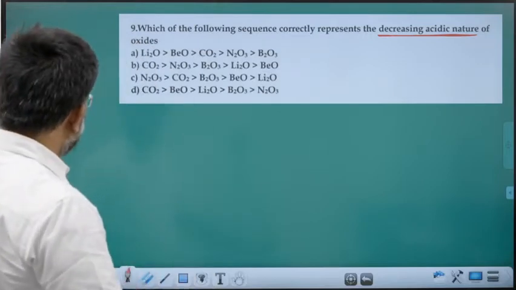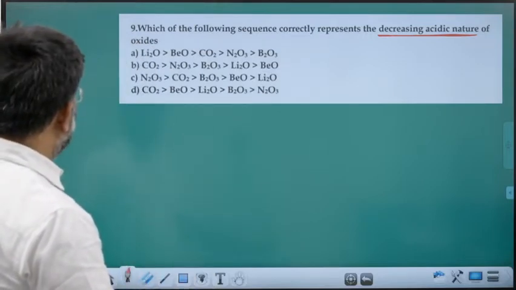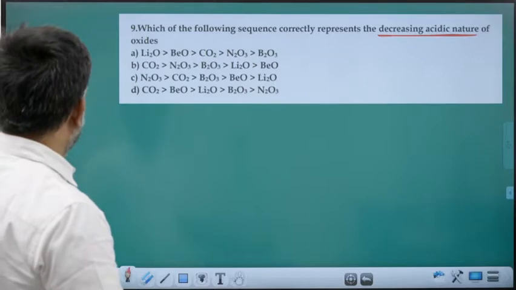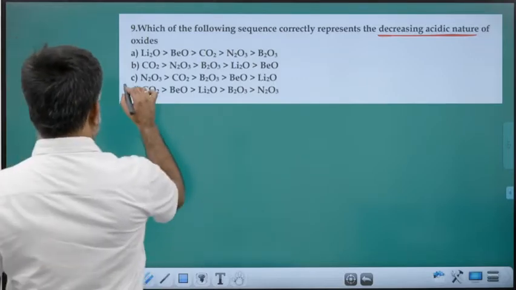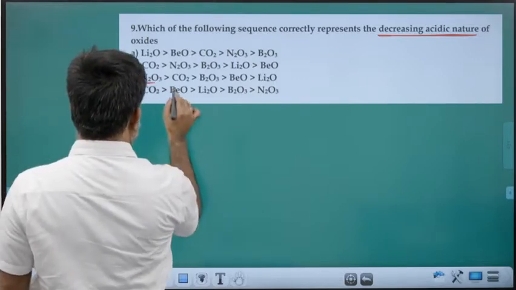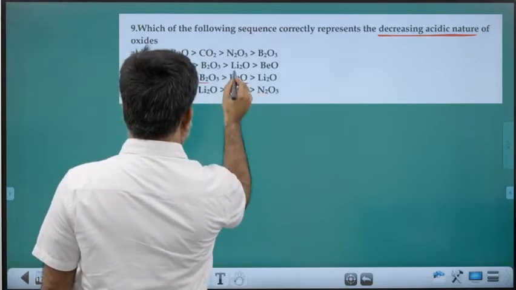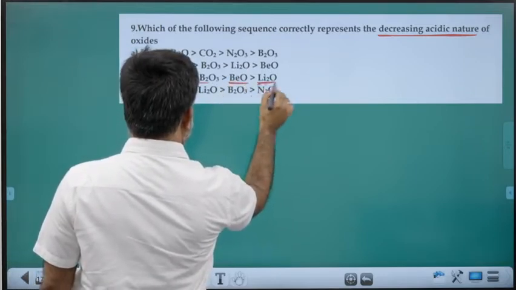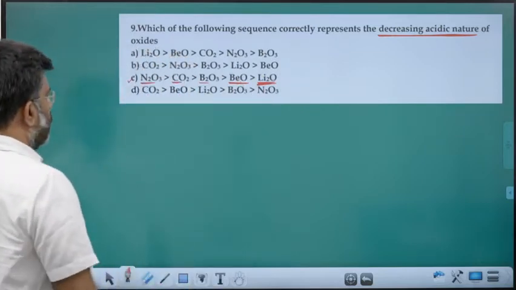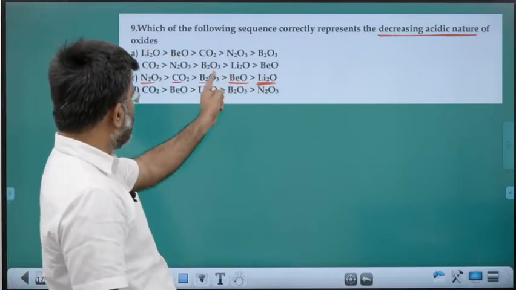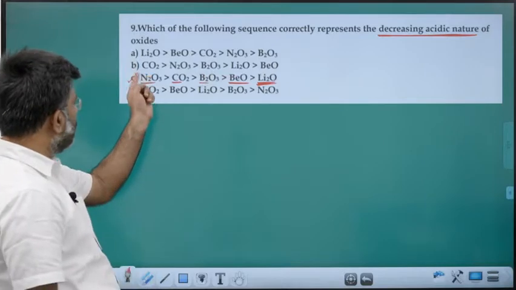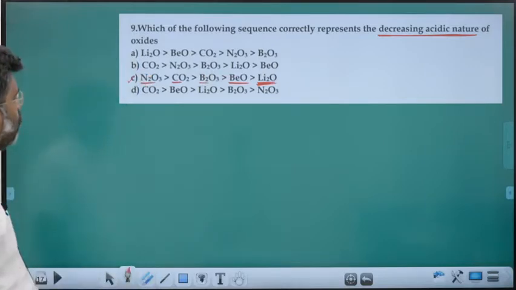So which one is the most electronegative in the line up? Nitrogen. So that is most acidic. Then carbon, then boron, then beryllium oxide, you know, is amphoteric, and lithium is basic in nature. So this is basic, amphoteric, acidic, acidic, acidic. This is most acidic. Next.